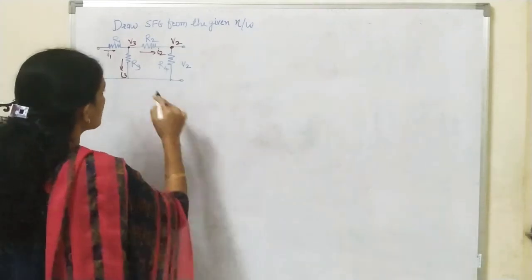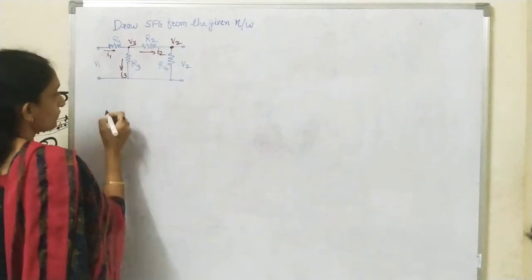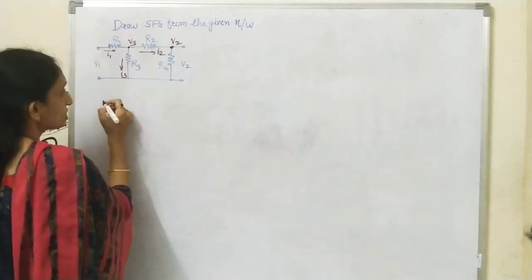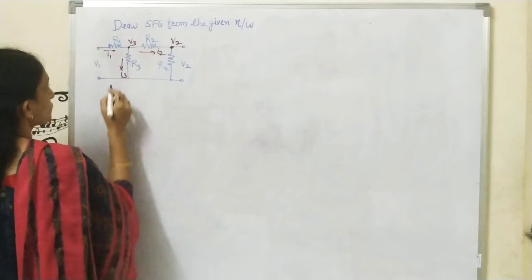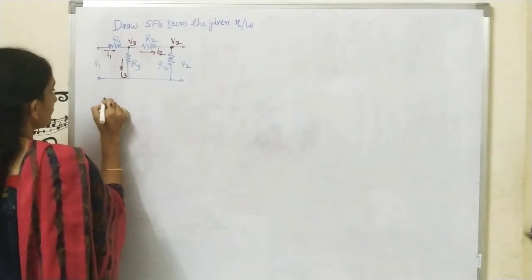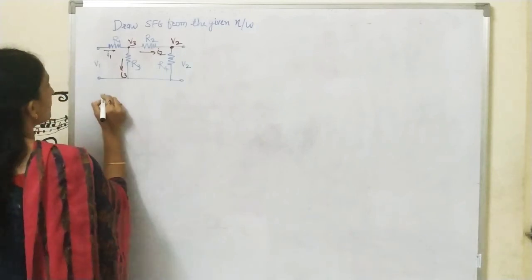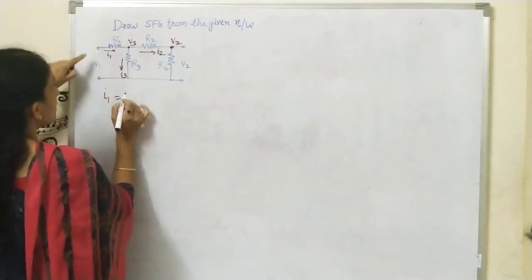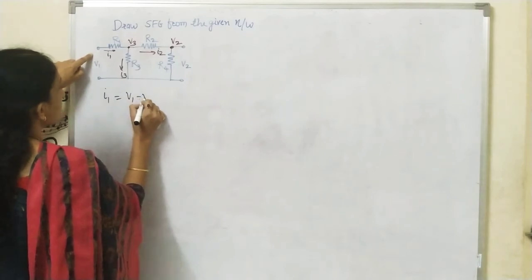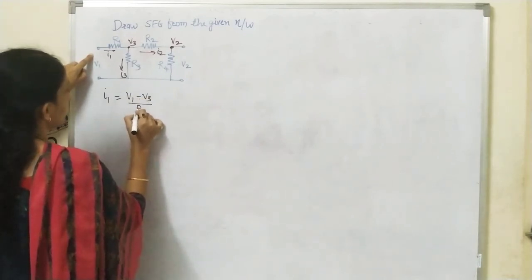First of all I will apply KCL to get the equations. I1 is equal to (V1 minus V3) upon R1.